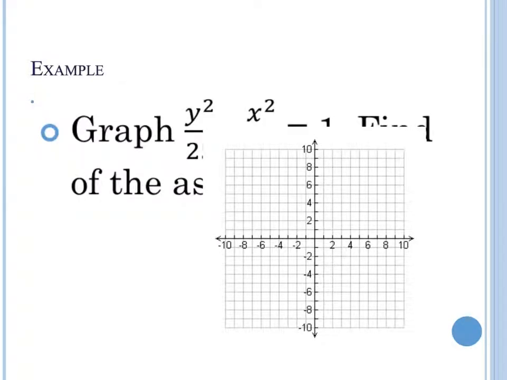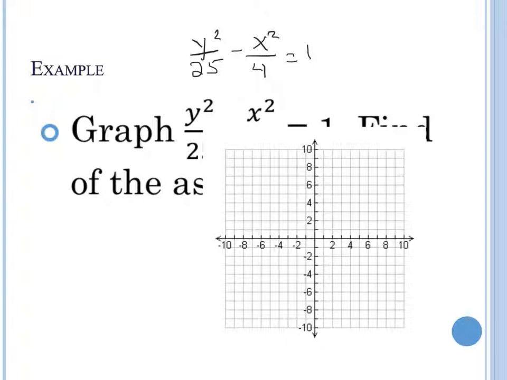So in this problem, we want to find the graph for y squared over 25 minus x squared over 4 equals 1.